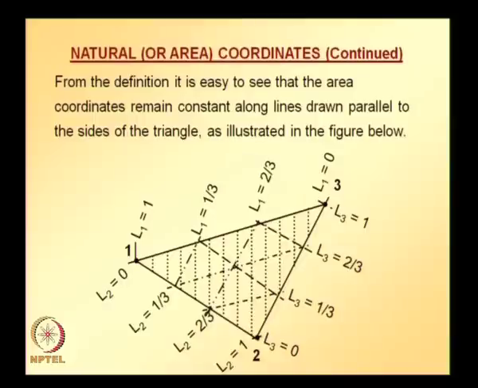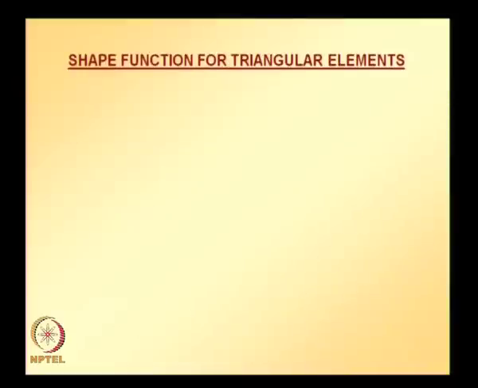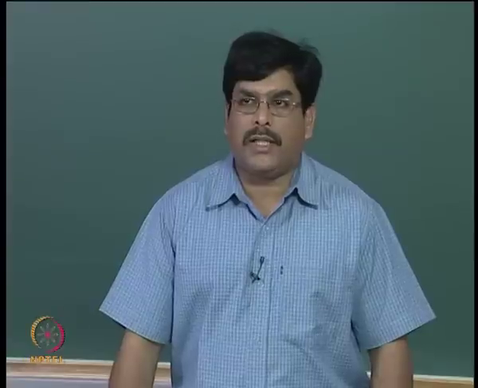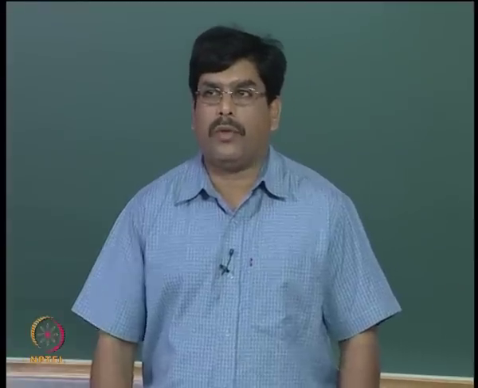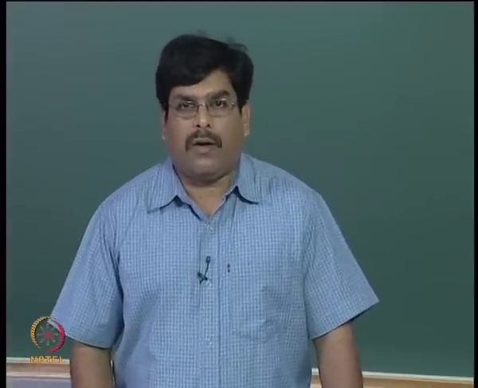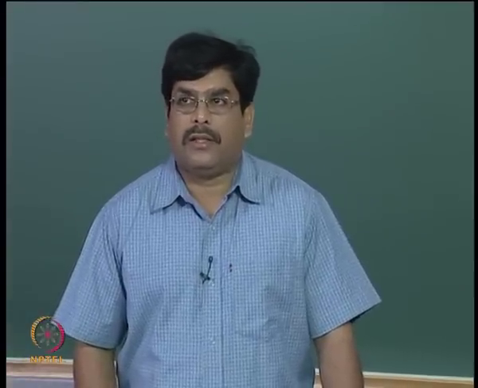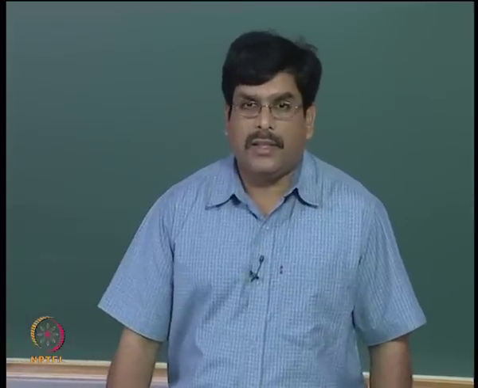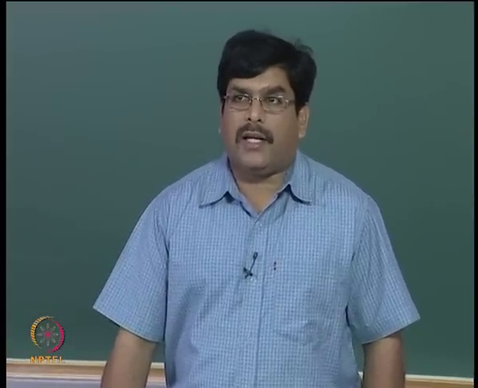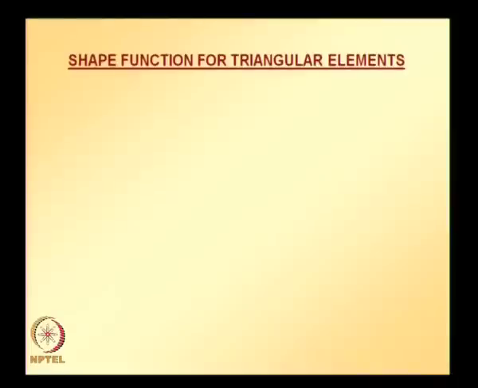So, now let us look at the procedure for shape functions for triangular elements. As I mentioned, this procedure is applicable for both higher order triangular elements as well as the linear triangular element that we already looked at.